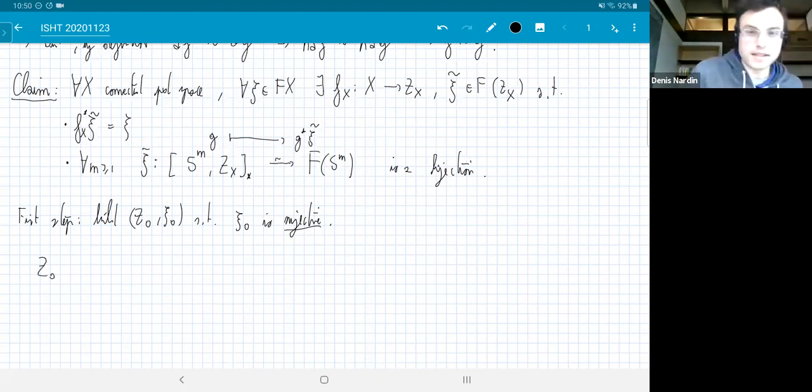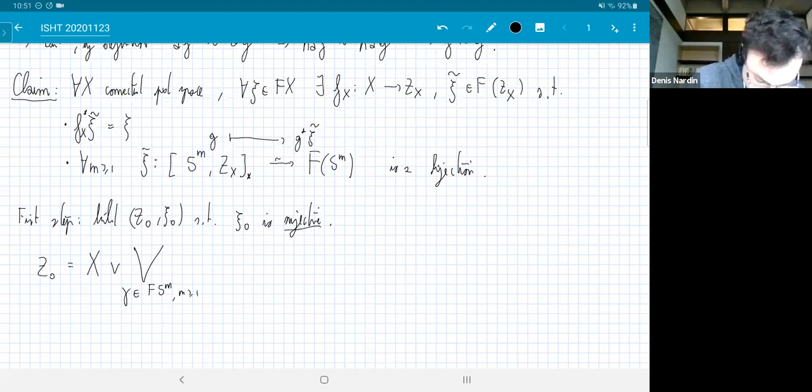Yeah. This is a very lossy kind of proof. I mean, I'm going to build huge spaces to ensure that it will have the right homotopy type. So, well, we need an X to make sure that we have a lift of our Xi. And then we want something that hits every class in F of Sn. So for every gamma in F of Sn, n greater or equal than 1, we add an Sn.